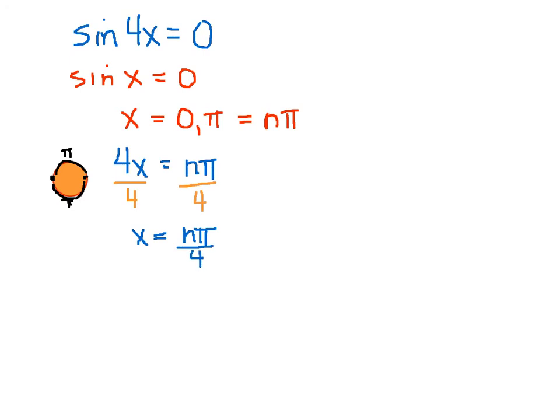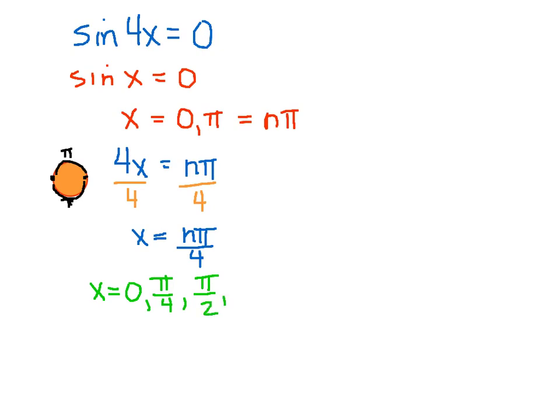So what we need to do is write out our solutions. You start with 0, so you plug in integers for n. If you plug a 0 in there, you get x equals 0. Plug a 1 in, you get pi over 4. Plug a 2 in, you get 2 pi over 4, which is pi over 2.